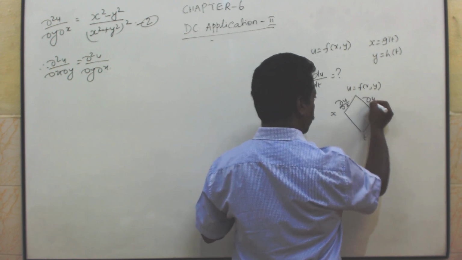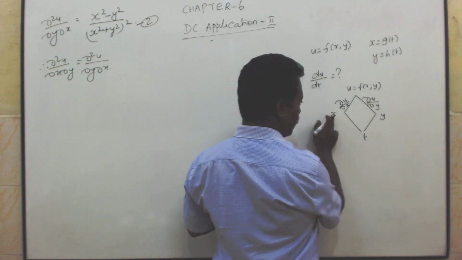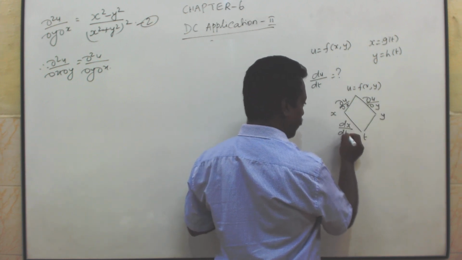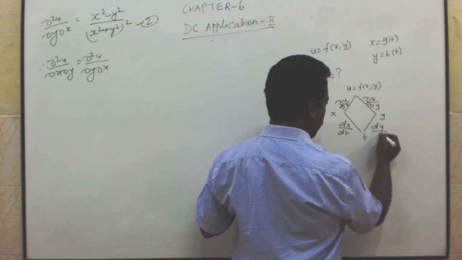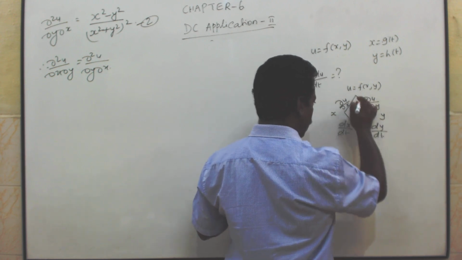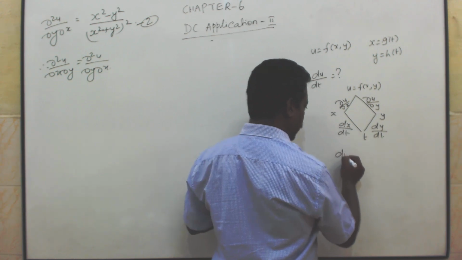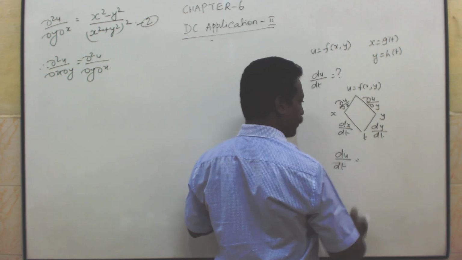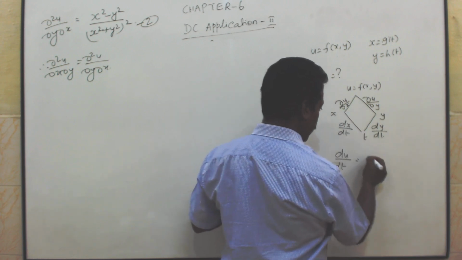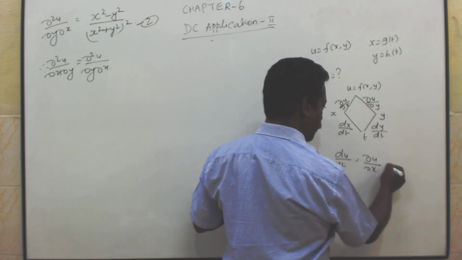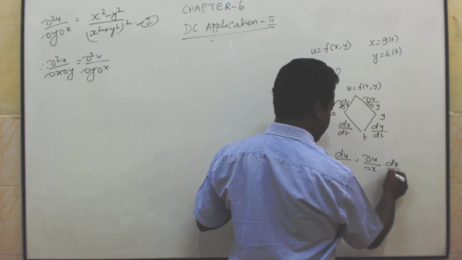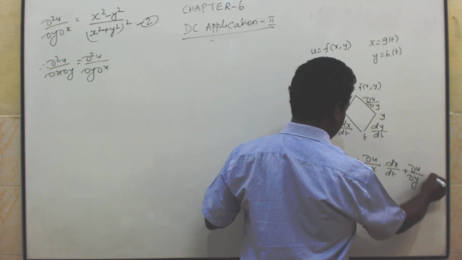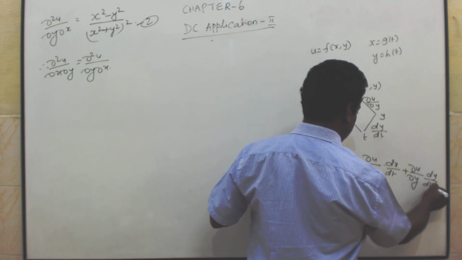This is dou u by dou y. X has t directly, so dx by dt. This is dy by dt. If you want to find du by dt, it is equal to dou u by dou x into dx by dt plus dou u by dou y into dy by dt.